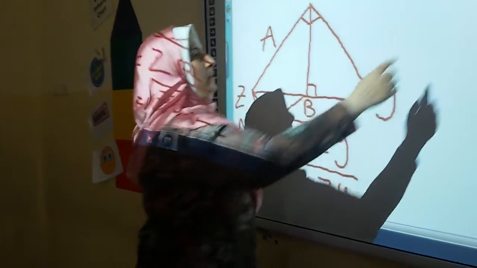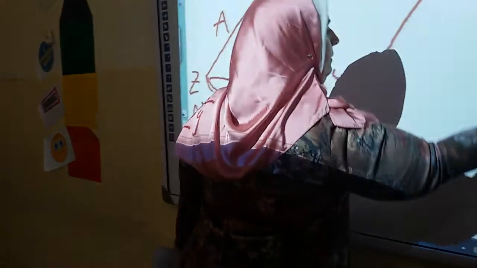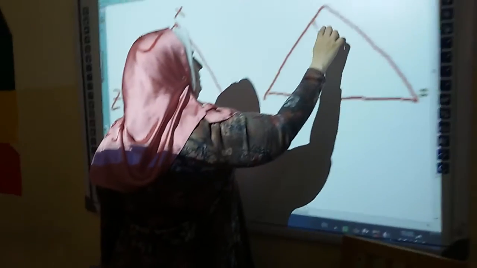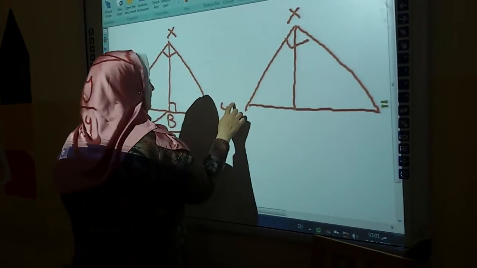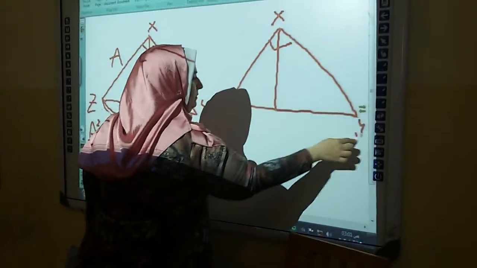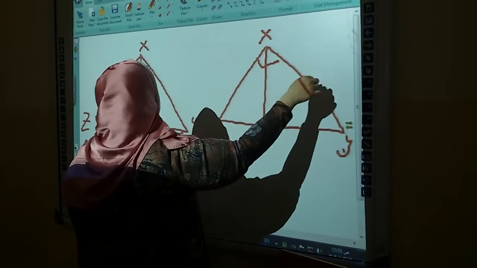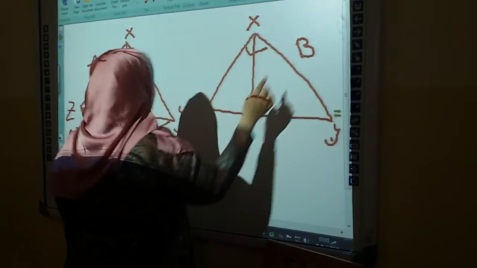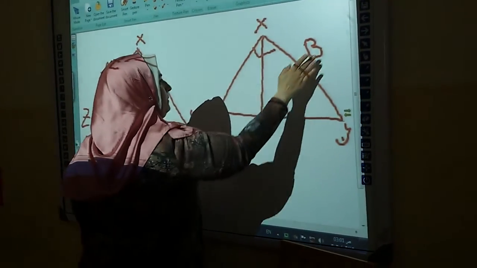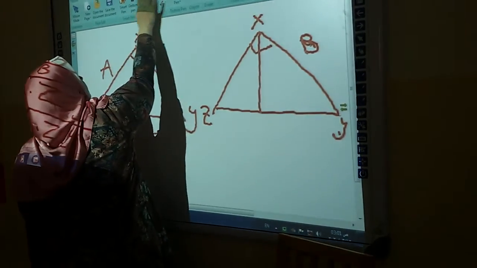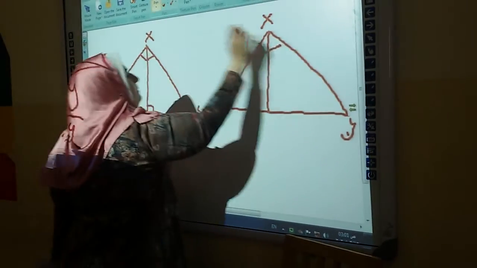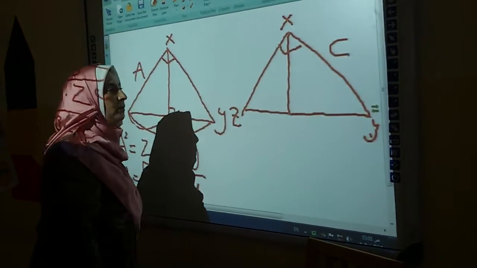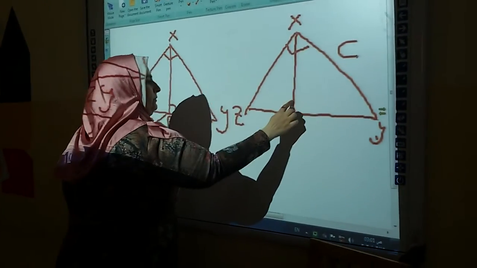So what if I want the other side? What if I want this? Let it be C. Okay, how to get it?